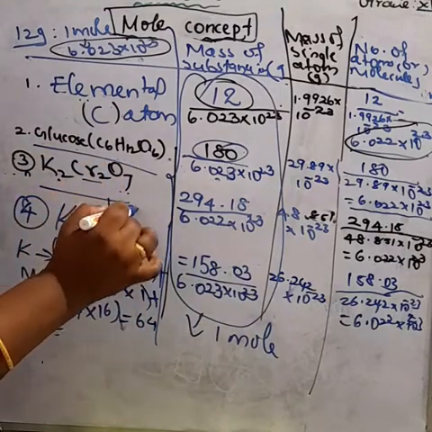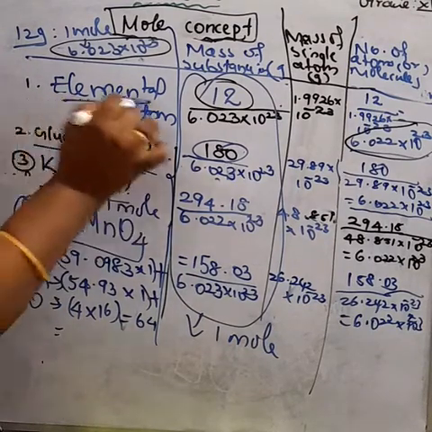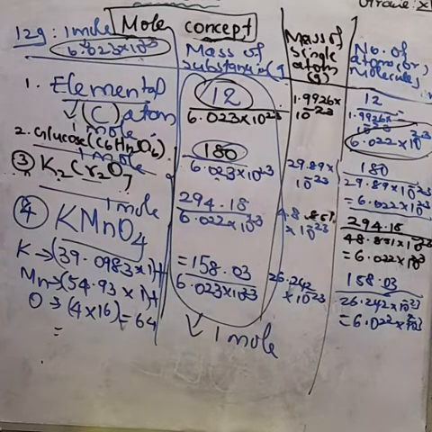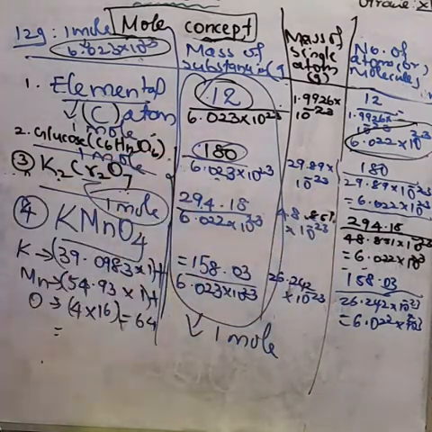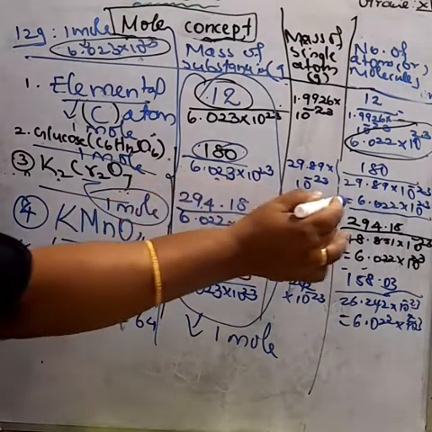For all of these things, the number of atoms is the same, but the mass is different. This depends upon the size of the atom. The mass of the substance may differ, but the total number of atoms or molecules is the same. This is 1 mole.